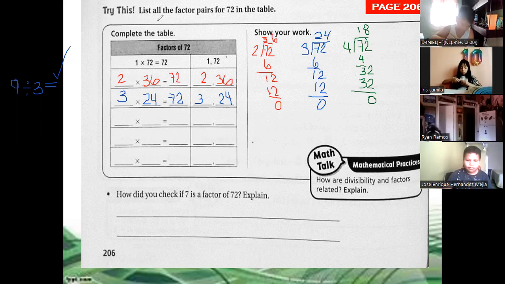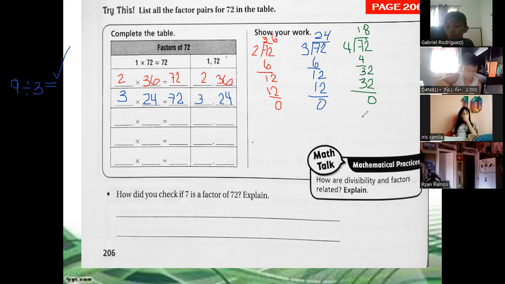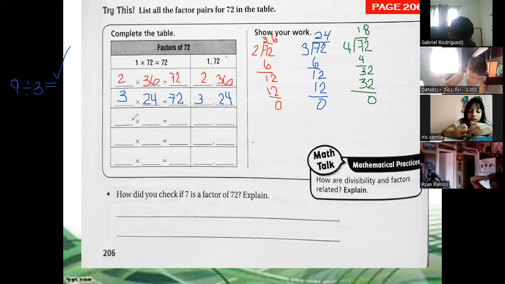Okay, what are the factors? Factors. What are the factors, guys? No, the 2 numbers that I have to write down here, what are they? 4 and 72.